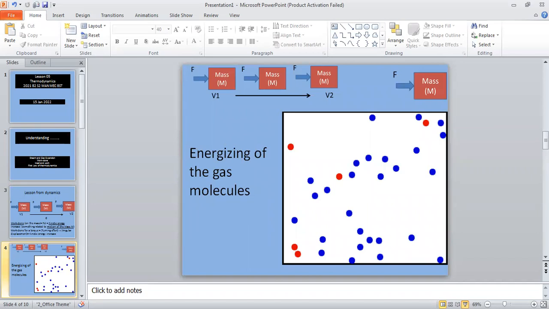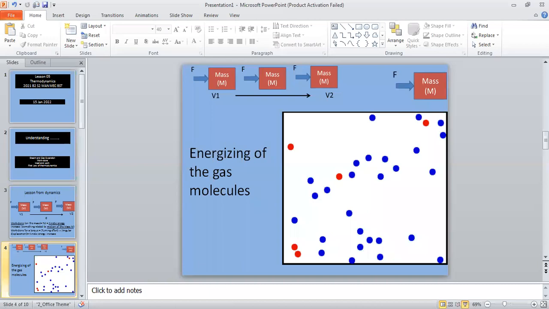So energizing the molecules and also de-energizing, or reducing the energy levels of the molecules, both are important for applications and for nature to work. That is very important.